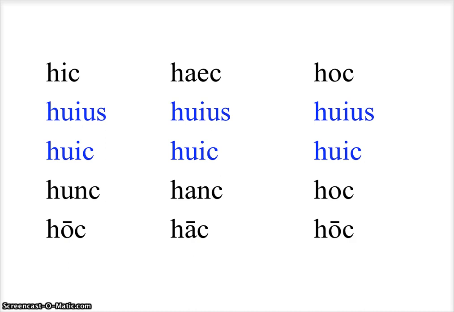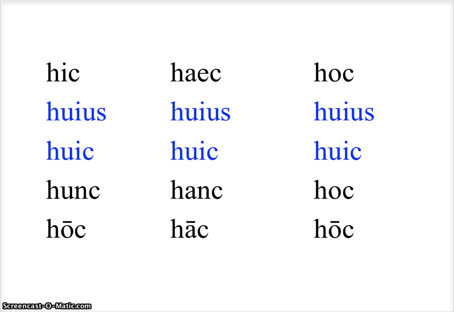Now let's look at the genitives and the datives. And these forms we just have to remember. Huius, huius, huius. Masculine, feminine, neuter. Huic, huic, huic. Dative, masculine, feminine, and neuter. Notice that ius ending there looks a little bit like the genitive of unius, of one.